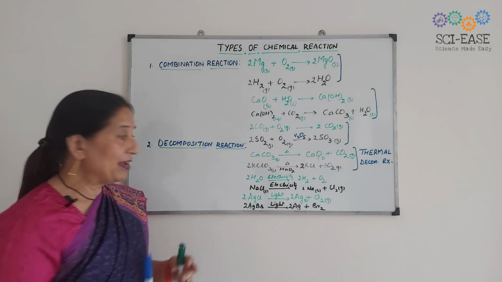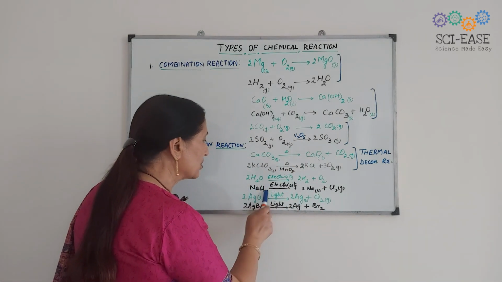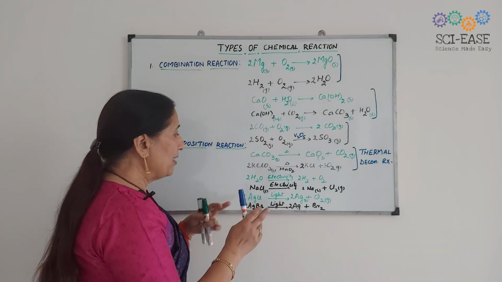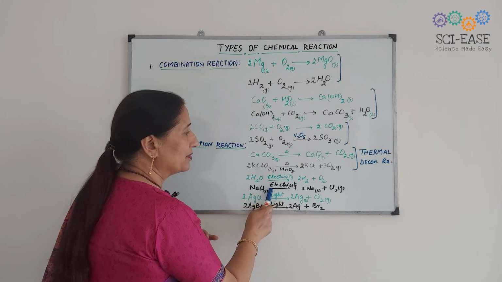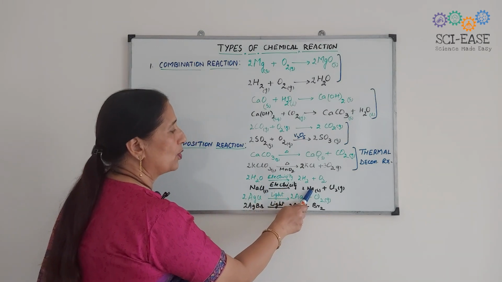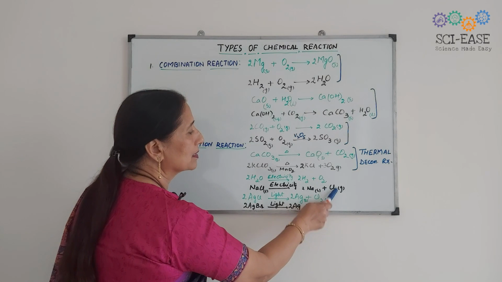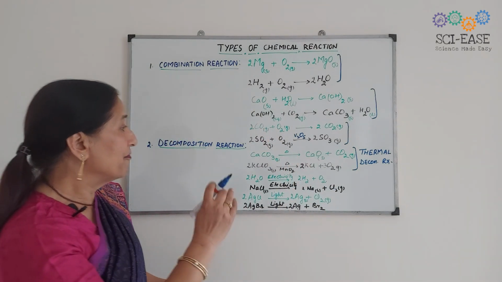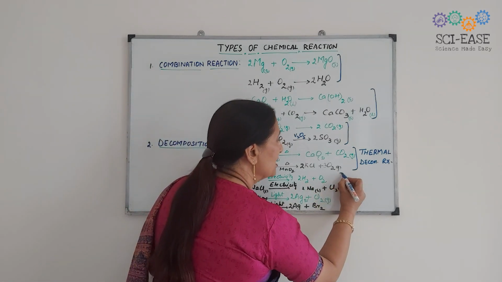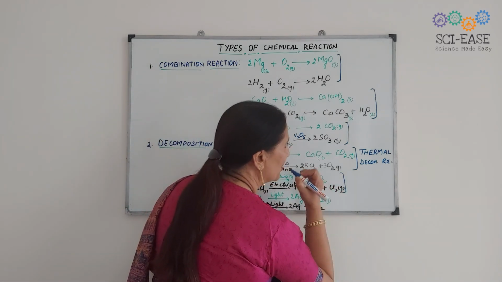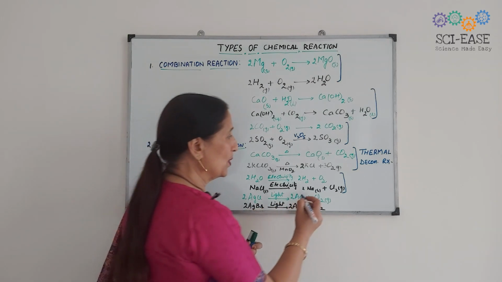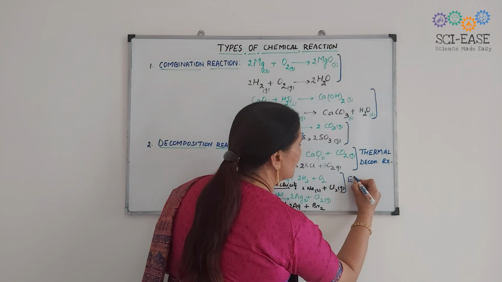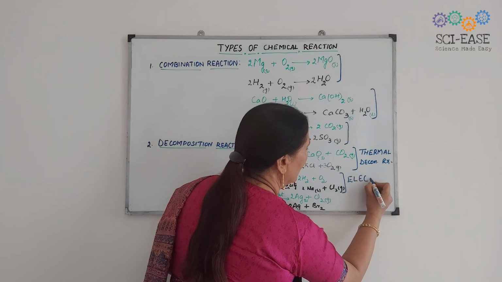In the same way, when we take sodium chloride, it should be in the molten state. When we take this and pass electricity, this will result in the formation of sodium plus chlorine gas. So these types of reaction where electricity is used, they are known as electrolysis. This is electrolysis.